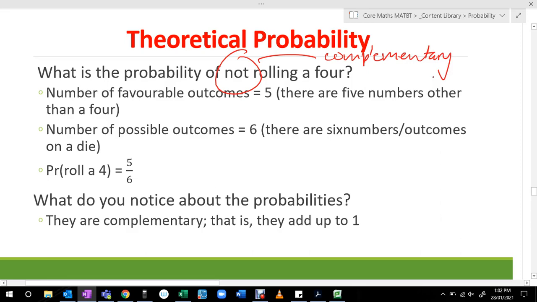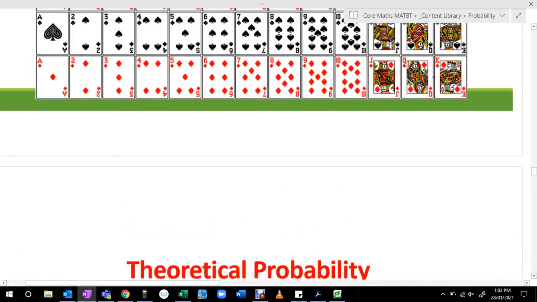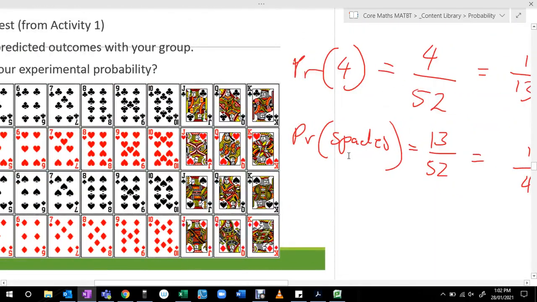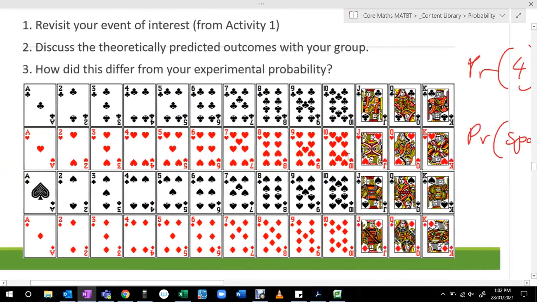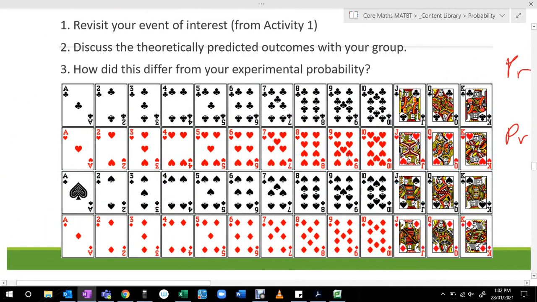So if, for example, let's go to Eamon's example here. Probability of getting spades. What's the opposite of a spade? So if you have 4 suits, heart, diamond, club, spade, and he wants the spade, what's the opposite of getting a spade? Clubs, diamonds and hearts. Yeah? So think of complementary as the opposite of what you want.